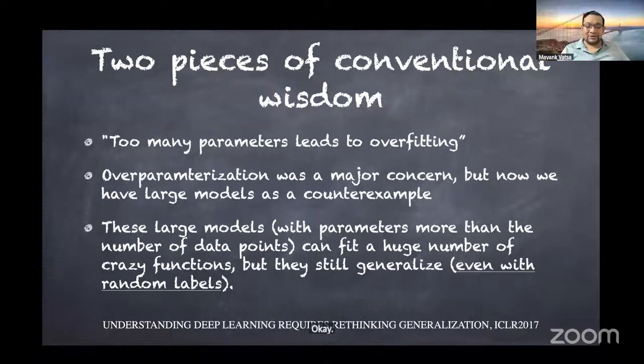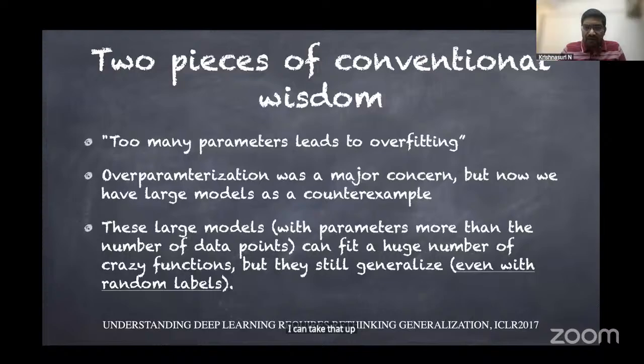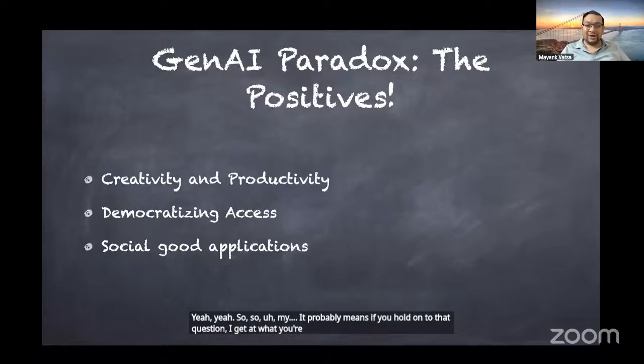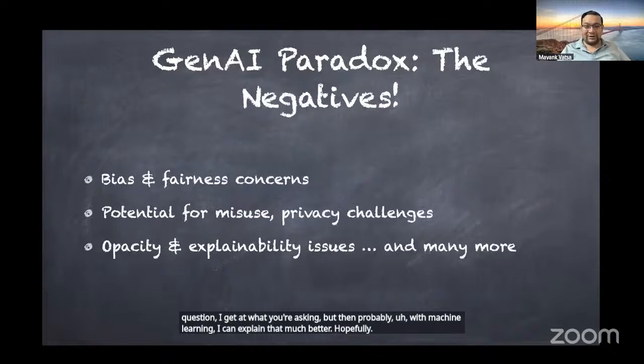While he is explaining that, I can continue, and maybe in the next round I can take that up. When you talk about the problem of overfitting, okay. Yeah, maybe we will take it later. If you hold on to that question, I get what you're asking, but I can explain that much better with machine learning. Hopefully that will help.